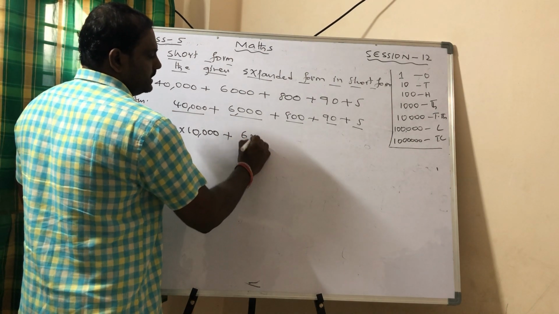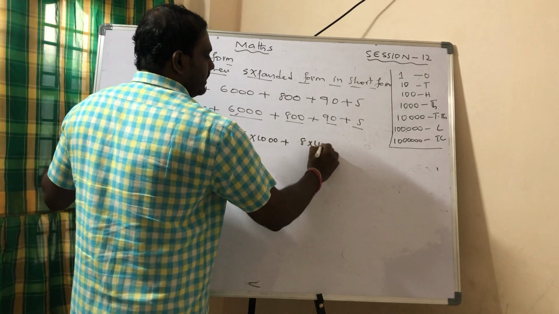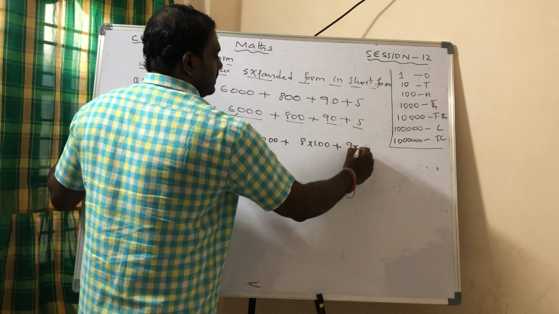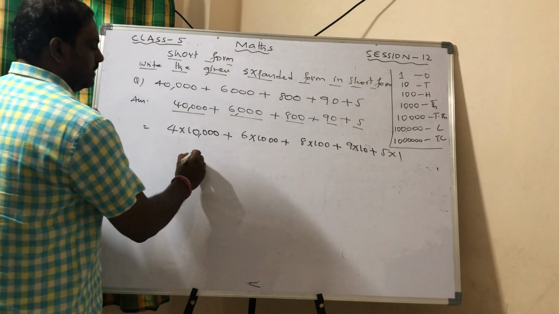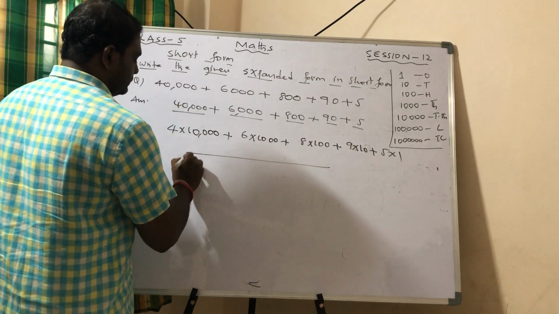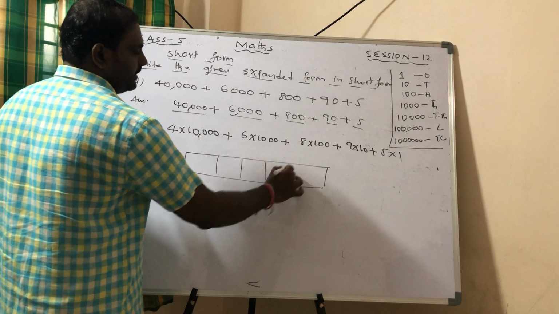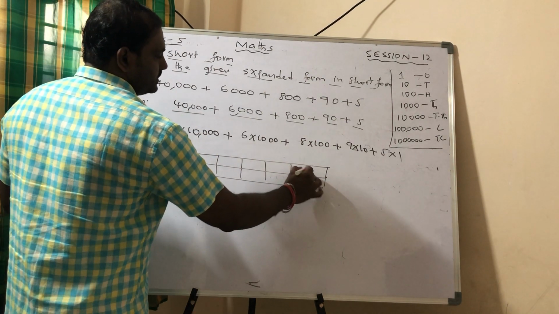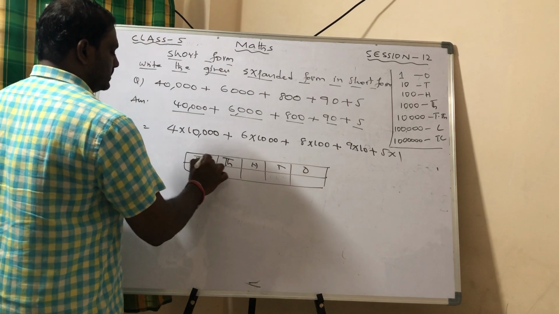This one 6 into 1,000, plus this one 8 into 100, plus this one 9 into 10, and plus this one 5 into 1. That's all. Now take the boxes. How many boxes? 5 boxes, because it is given as 5 numbers. So ones, tens, hundreds, thousands and 10,000s.